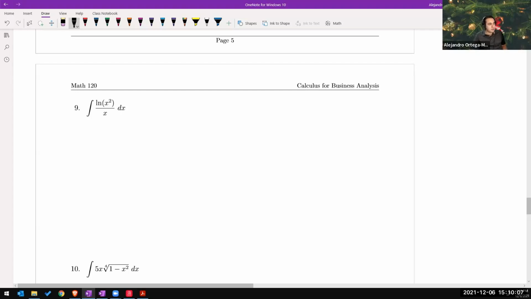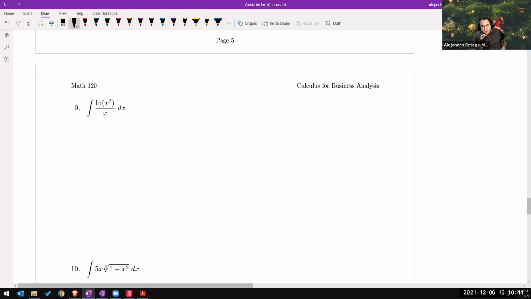Alrighty, so for this one, it looks kind of weird because we have the ln. I forgot if there was a typo. You can still do it, but well, we can try it.